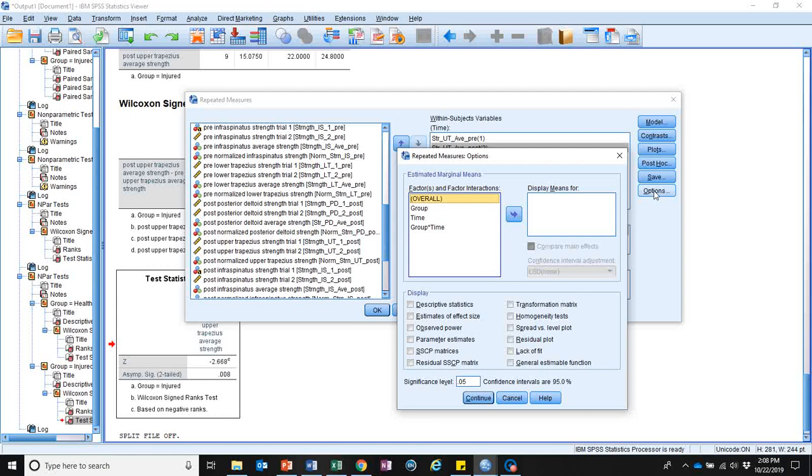Now with a repeated measures, you have 3 ANOVAs that are being run. You have 2 main effects and 1 interaction. So the main effects are group. Regardless of time, is there a difference between group? And then time, regardless of group, is there a difference between time?